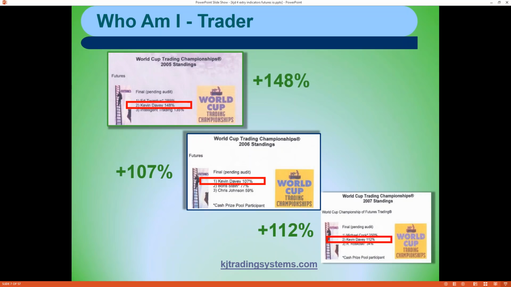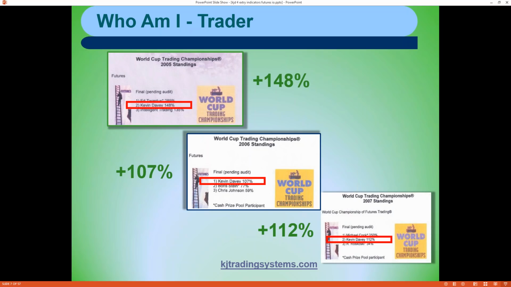Okay, so that's some of the writing, speaking. Really, what I do is trading, and I guess my claim to fame, if you could call it that, is 3 years in a row I was in a worldwide trading contest, and each of those years I finished with over 100% annual return, and that's real money, and that's up against some really good traders.